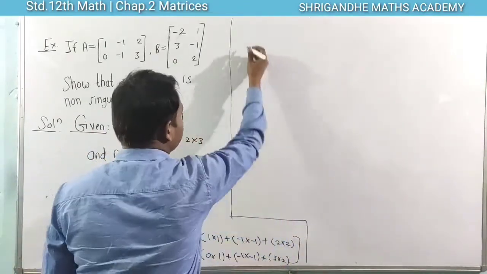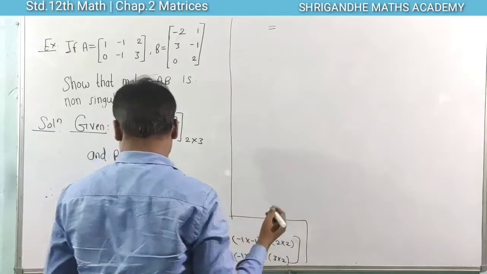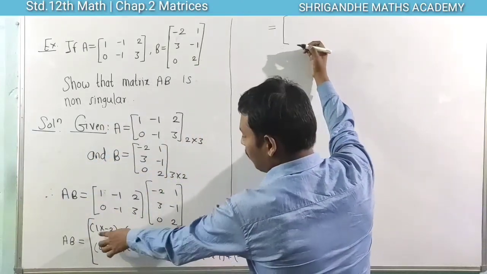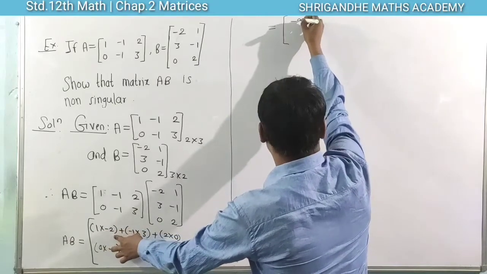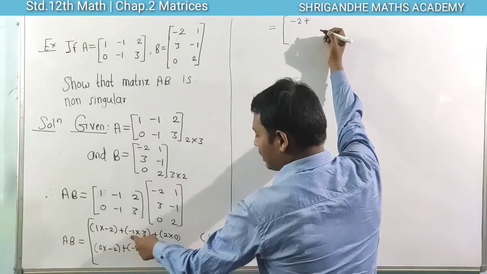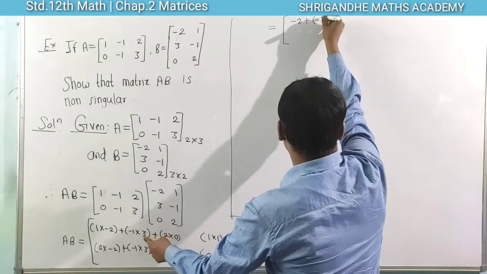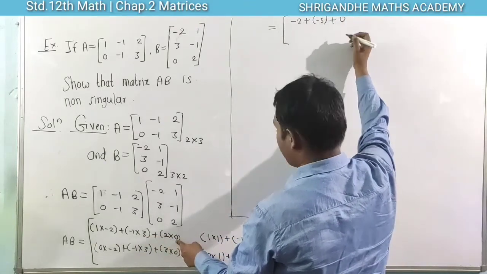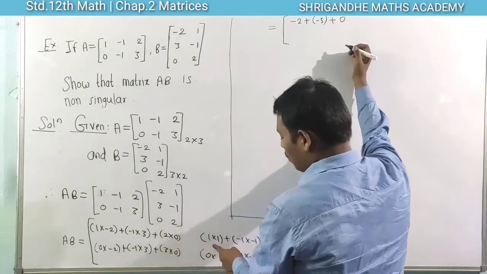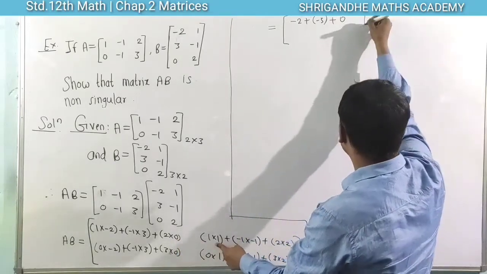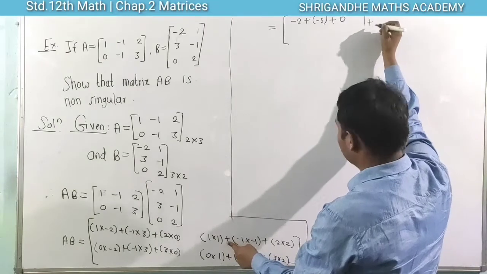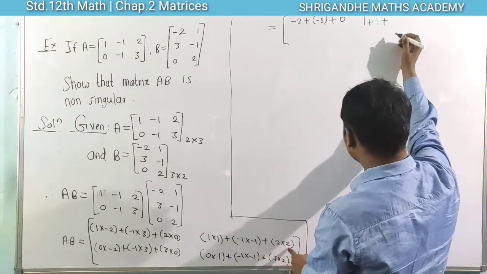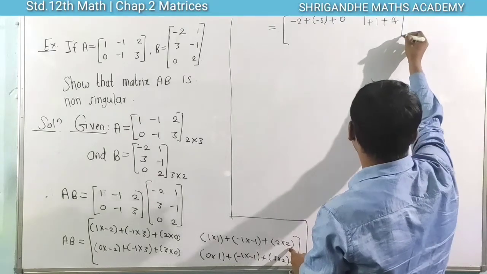Now AB is equal to matrix 1 into minus 2 is minus 2 plus minus 1 into 3 is minus 3 plus 2 into 0 is 0. Second, 1 into 1 equal to 1 plus minus 1 into minus 1 is plus 1 plus 2 into 2 equal to 4.